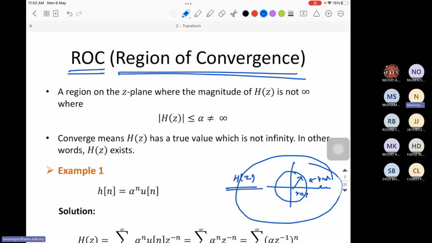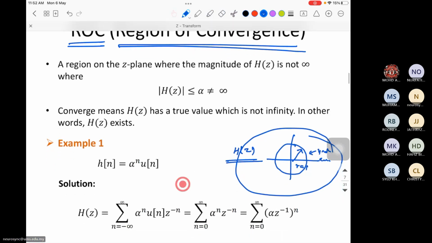Now, the region of the Z plane where the magnitude of this H of z is not infinity.